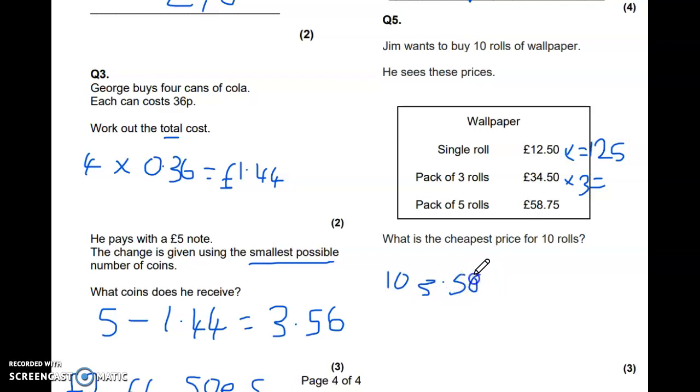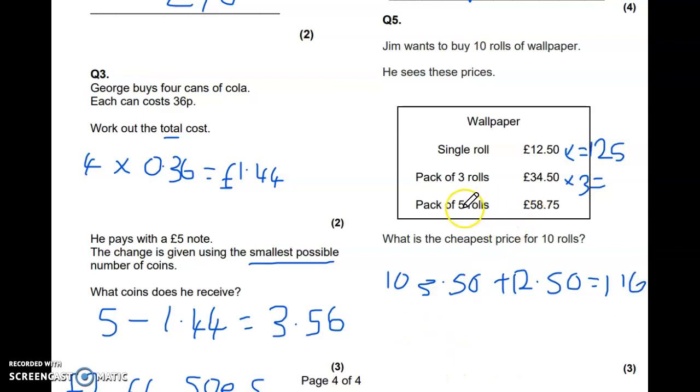But then you'd need that extra one single roll, so you'd have to include the £12.50. So the total cost of them then would be even more expensive, wouldn't it? So £115, I can't even speak. So it'd be £116.